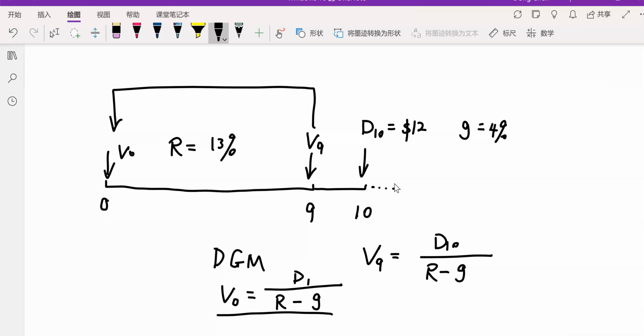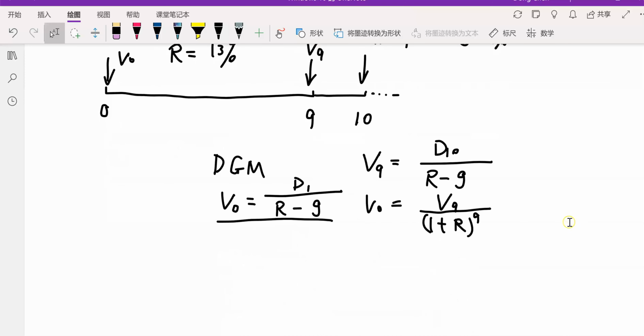Relative to the true current 0, year 9 is the future. So V0 is simply V9 divided by 1 plus R, applying R as a discount rate, using the terminology of Section 3 on the time value of money. The power here is 9 because there are 9 years between now and year 9. That's how we solve this question.